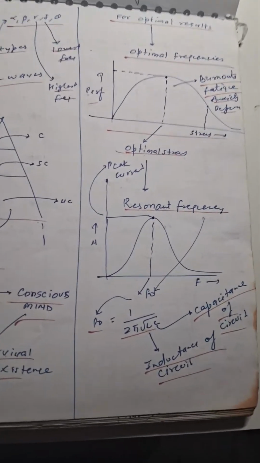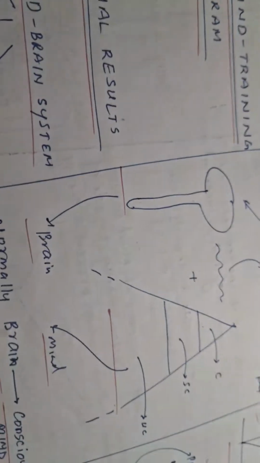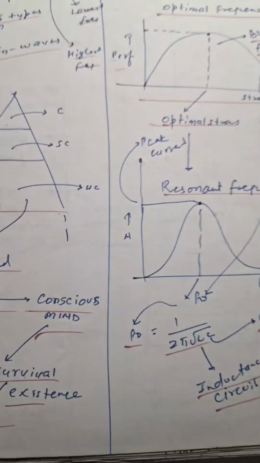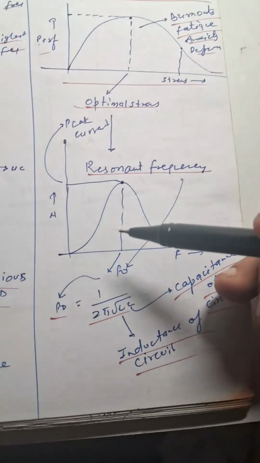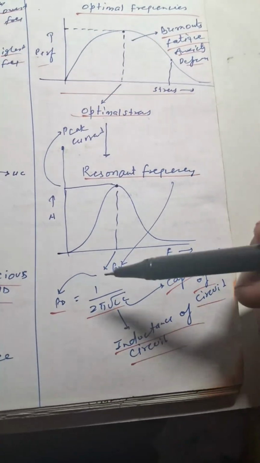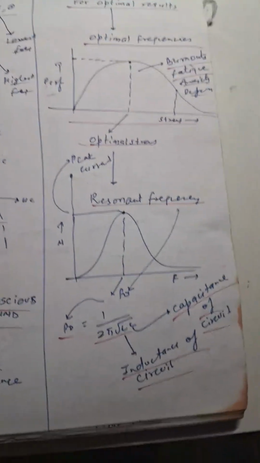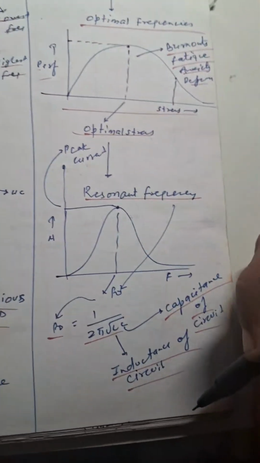That's how the encoding and decoding mechanism works. The resonant frequency is given by 1 by 2 pi root LC, where L is the inductance of the circuit and C is the capacitance, which again shows that the optimal frequency depends on the nature of the circuit.